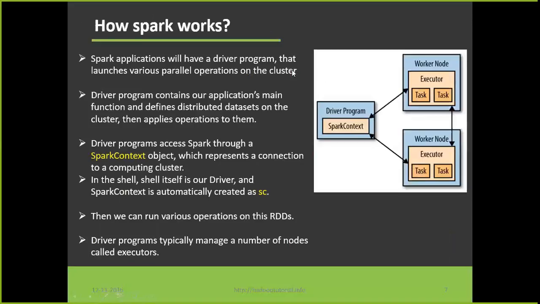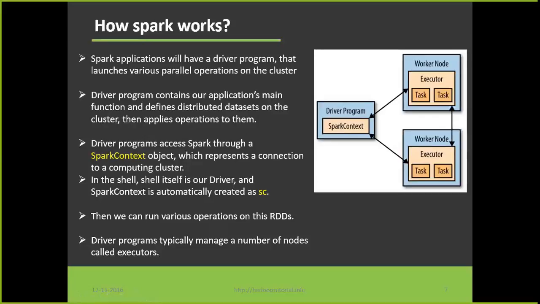This is a bit high level. Spark applications have a driver program that launches various parallel operations on the cluster. The driver program contains our application's main method and defines distributed datasets, which we call RDDs, on the cluster, and then applies operations to them. What are those operations?